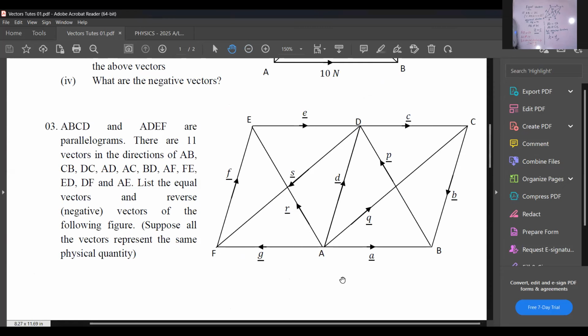Then you can select which are the equal vectors and which are the negative vectors. Please do it within 5 minutes and send the answers to me.